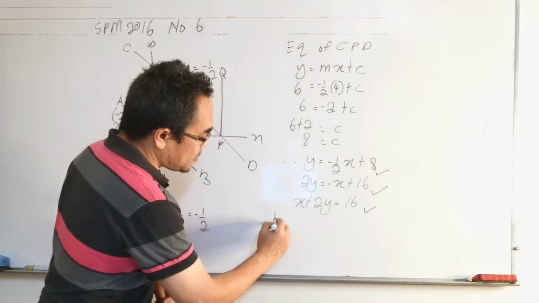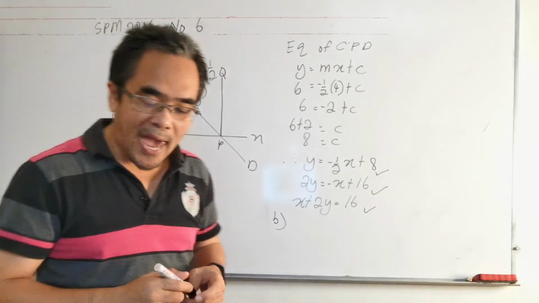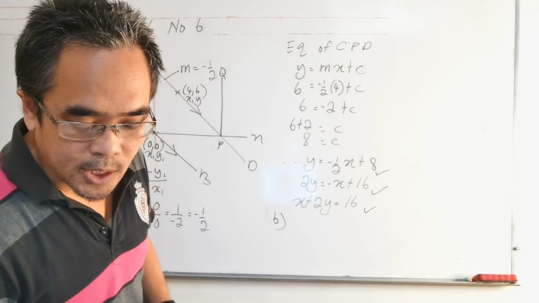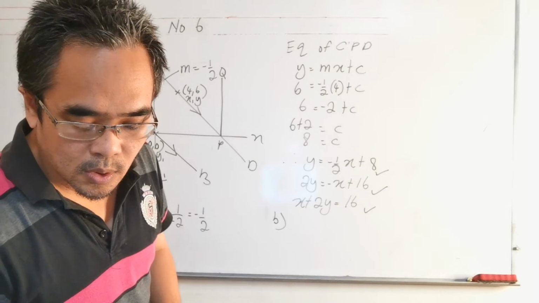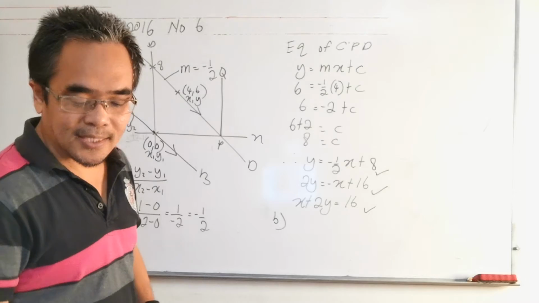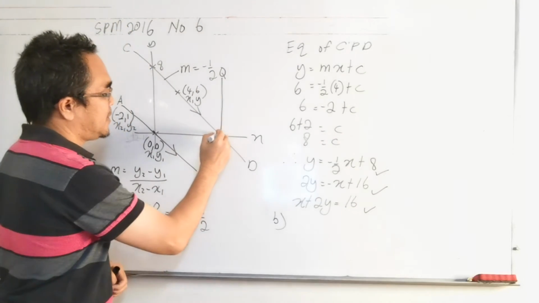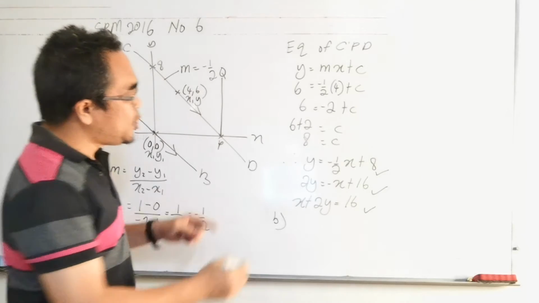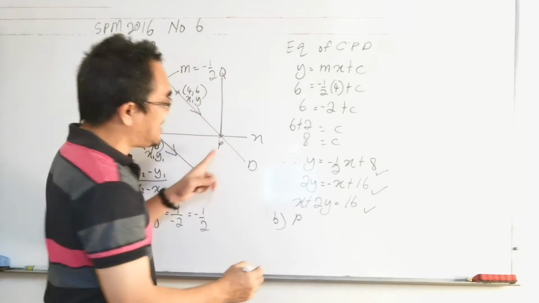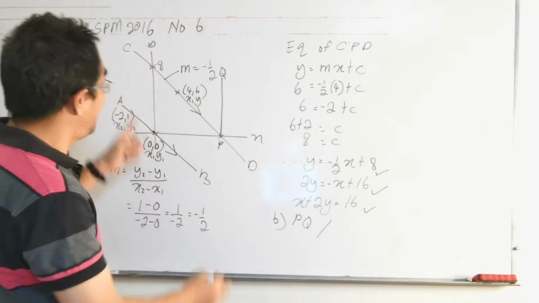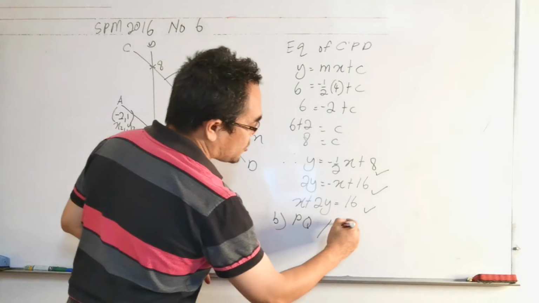So B, what is B? The x-intercept of the straight line PQ. Okay, PQ is here. Actually, the x-intercept for PQ is also on the line CPD.